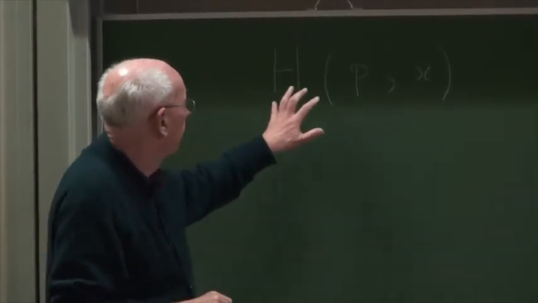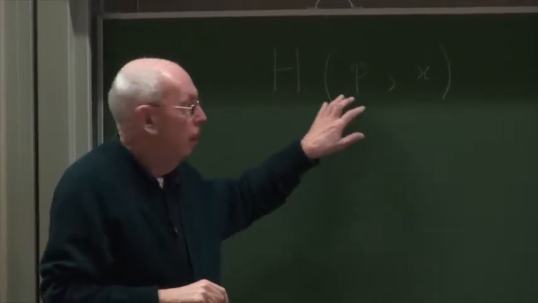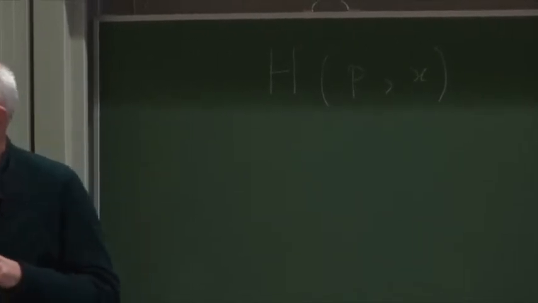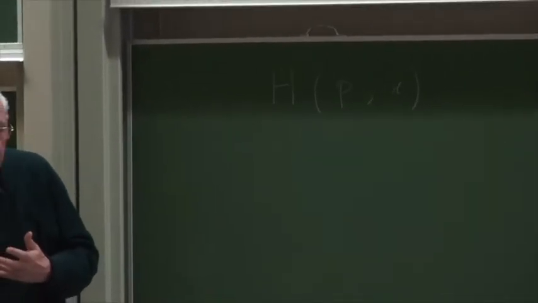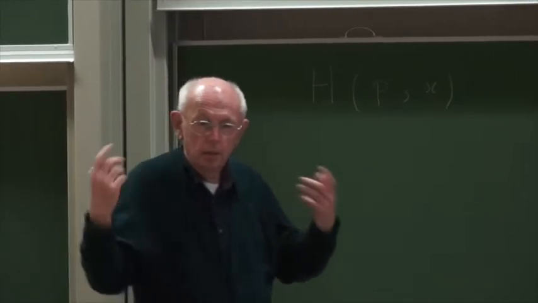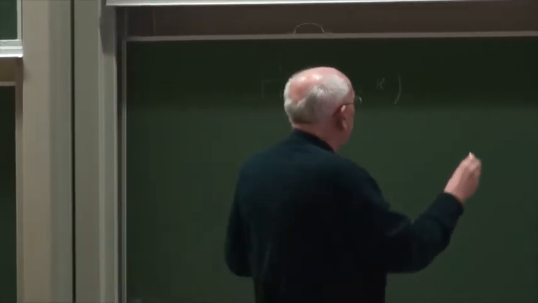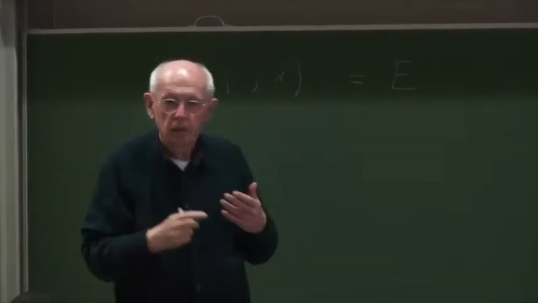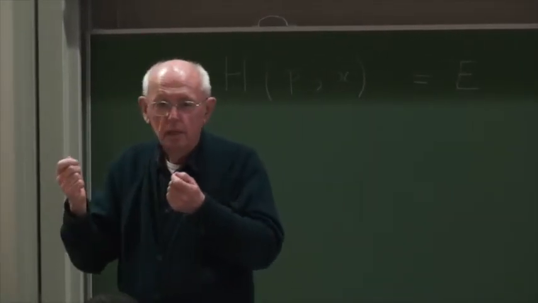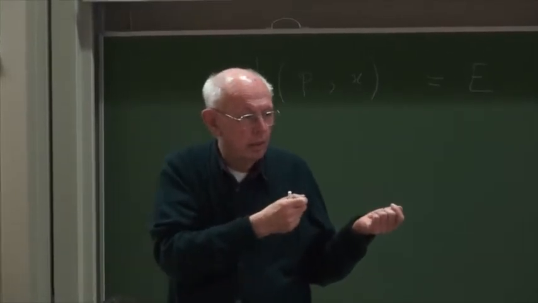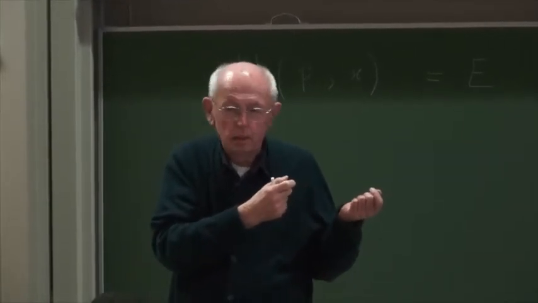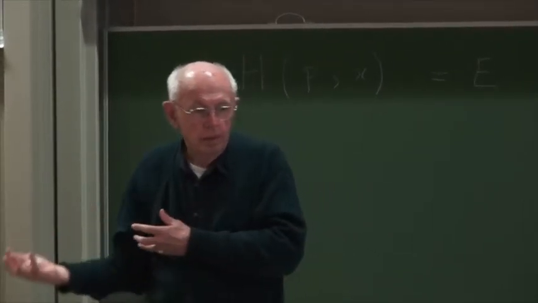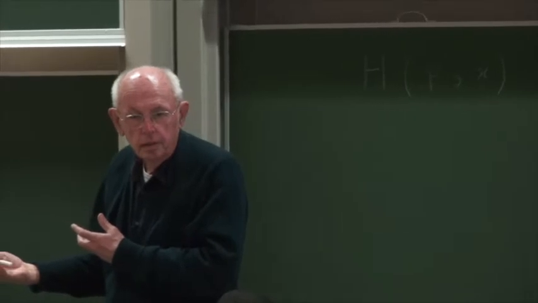And this function h is a function of p and x. So you give me a p and you give me an x, and I put it in there, and then I calculate an energy. So I say my energy is gotten from a function which depends on p and x.